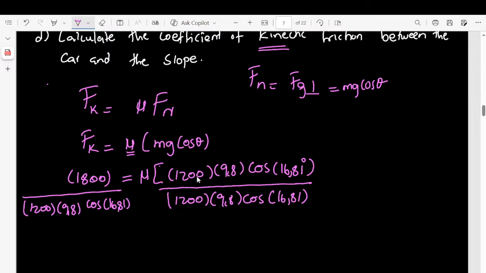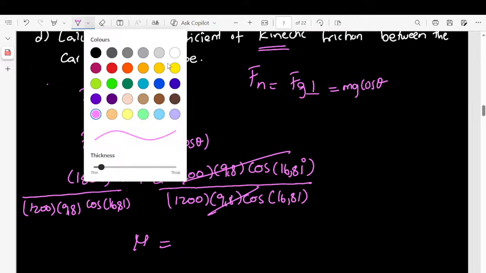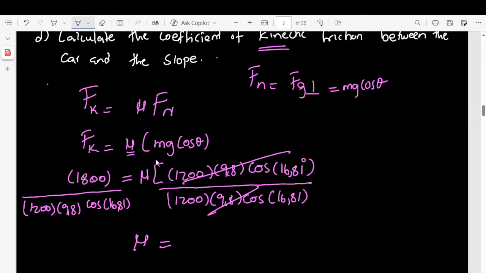So these two cancel. What is the coefficient? You just have to punch that on the calculator and tell me what you get.